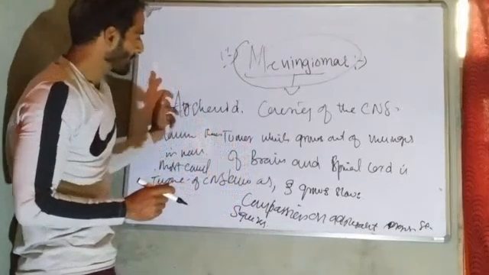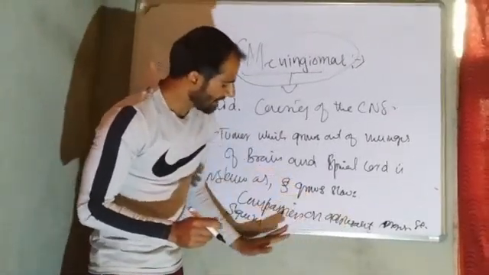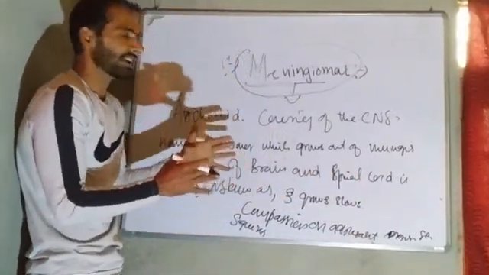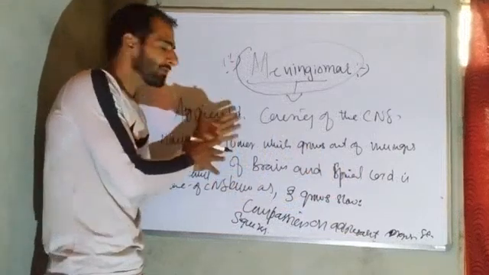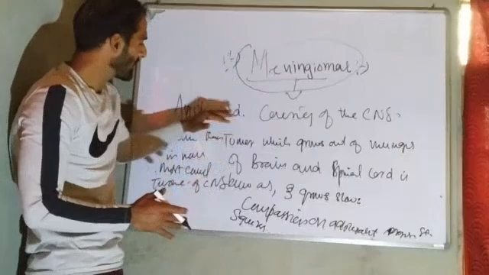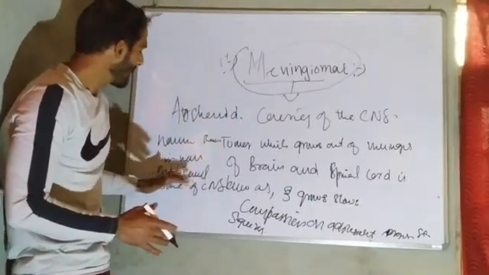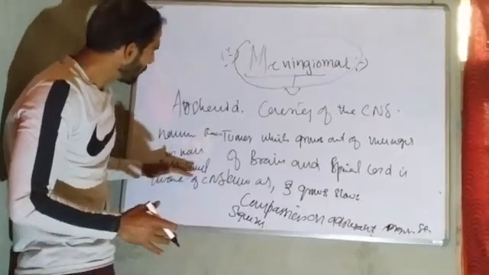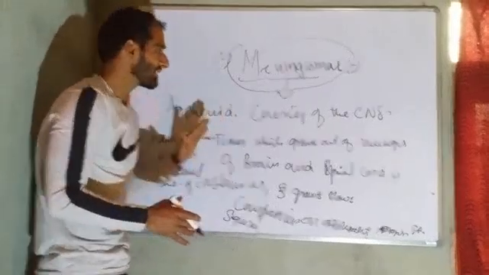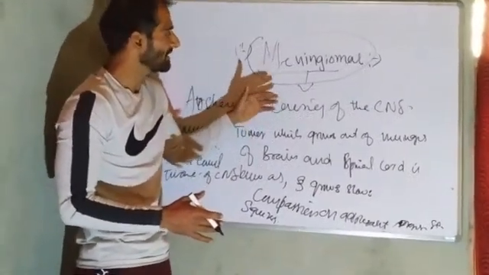So the characteristic features are that it compresses and squeezes the structures adjacent to the tumor, depending upon the site of the tumor. It is usually found in the arachnoid mater, more common in women than in men, and it is one of the most common tumors within the CNS.